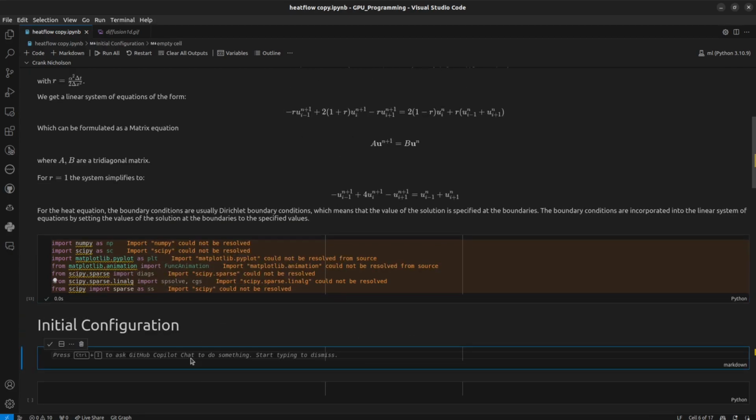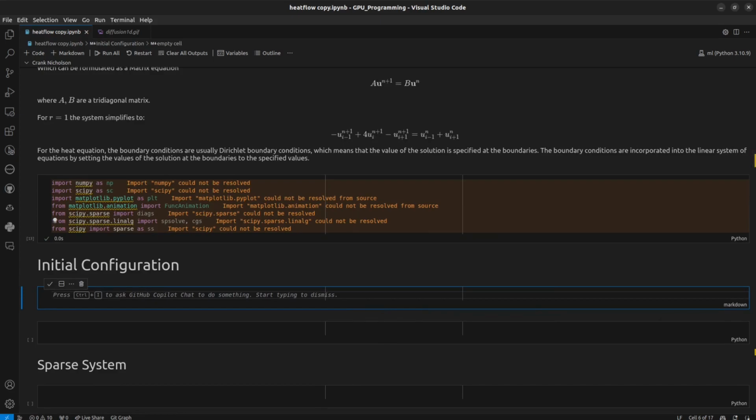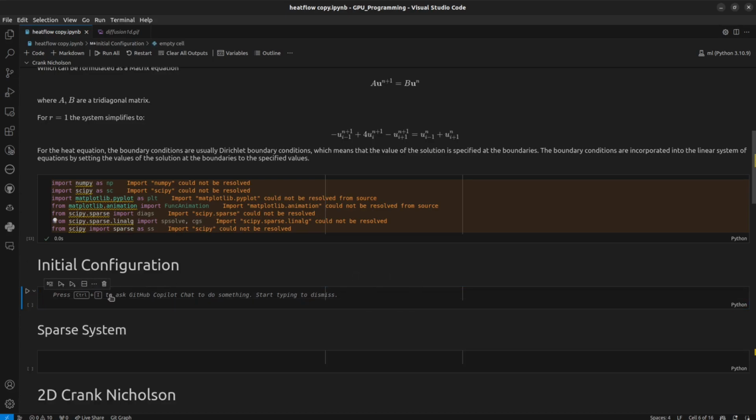Okay, now we have our imports and we're going to think about our initial condition and our boundary condition. First of all, we need to write down the domain where we want to solve the heat flow equation, and in doing so we have to think about how many points we have to use to discretize our domain.